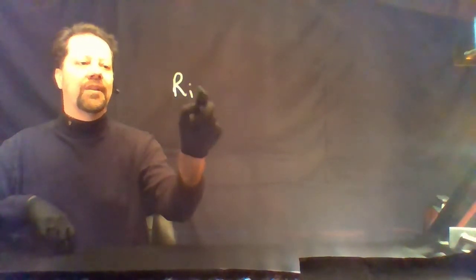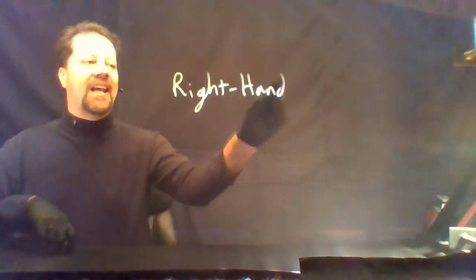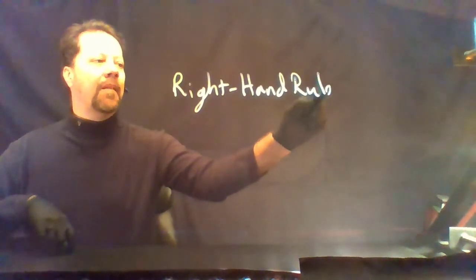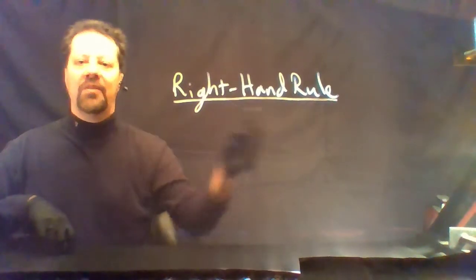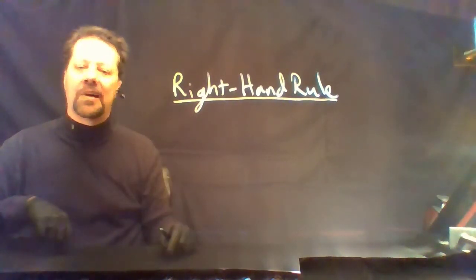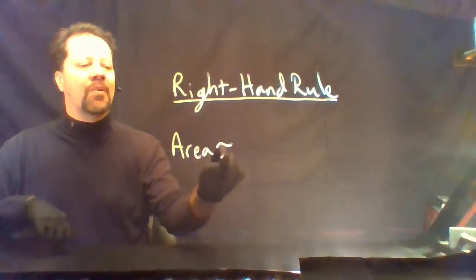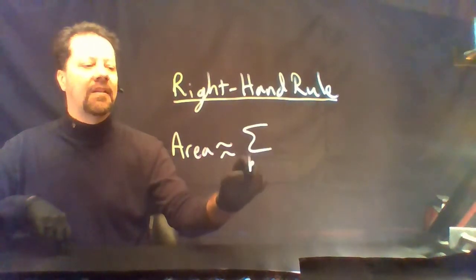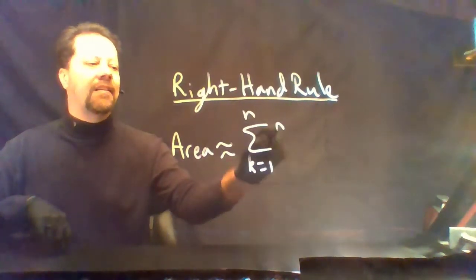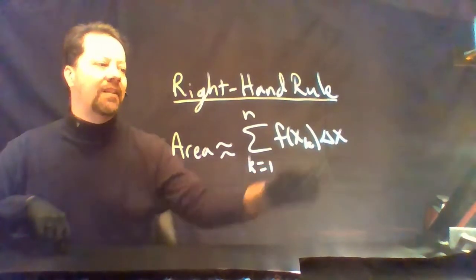It follows, using what is called the right-hand rule, which uses right-hand endpoints to estimate the heights of the approximating rectangles, that the area is approximately the sum, as k goes from 1 to n, of f of xk times delta x.